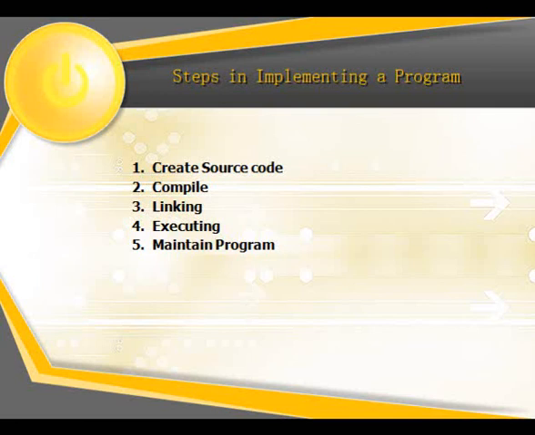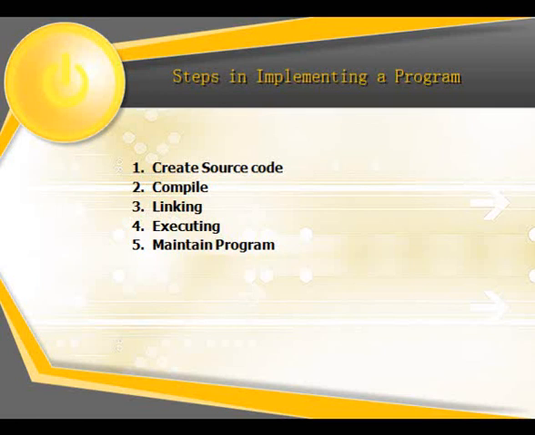So again, there are 5 steps associated with implementing a program. They are create source code, compile, linking, executing, maintain. Source code is basically any code that is written in high-level language or assembly language that you can understand as a human being.